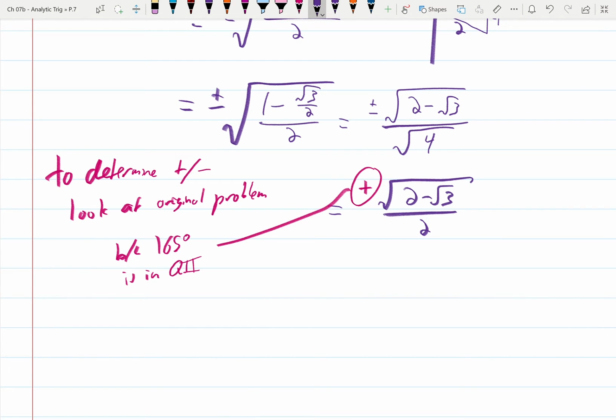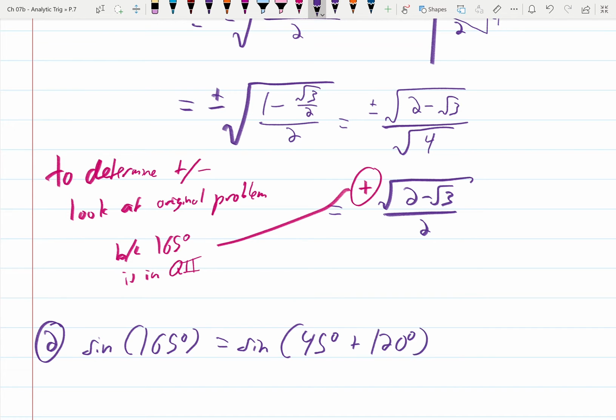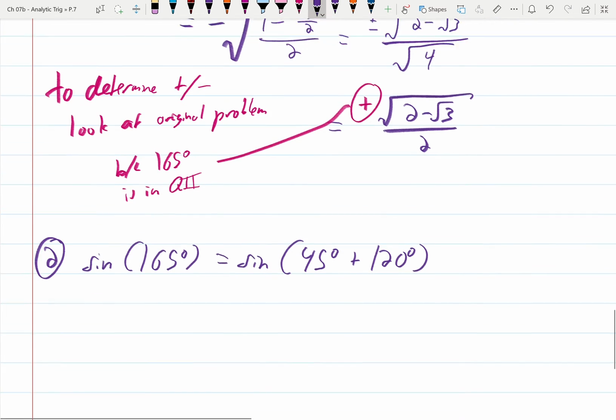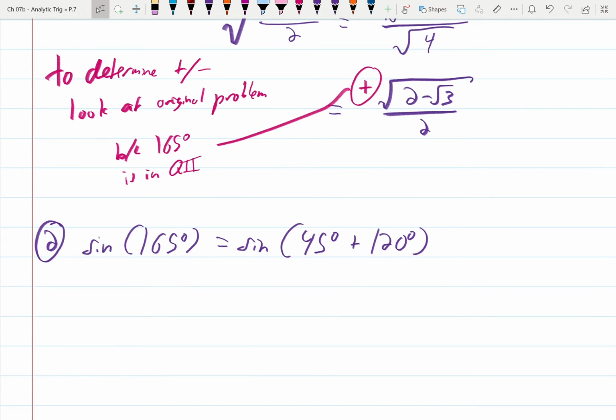Now I have a fun little exercise for you. This is totally optional. But we have learned that the sine of 165 degrees can also be calculated by doing the sine of 45 degrees plus 120. Anytime we have an ending in 5, I always just subtracted 45 and dealt with whatever was left. This is the identity: sine 45 cosine 120 plus cosine 45 sine 120.